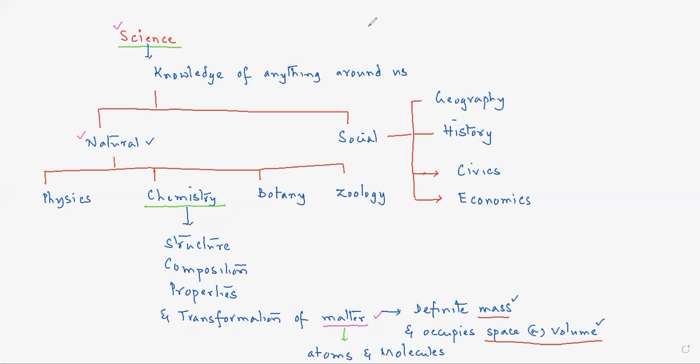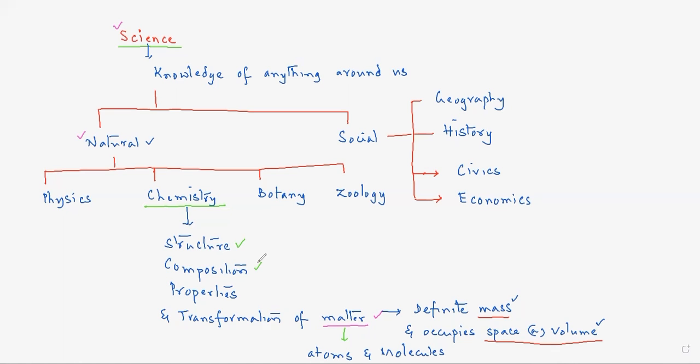See, chemistry is a branch of natural science which deals with what the structure of that matter is, what the shape of that matter is, and then the composition. What are the things with which it is made up of?